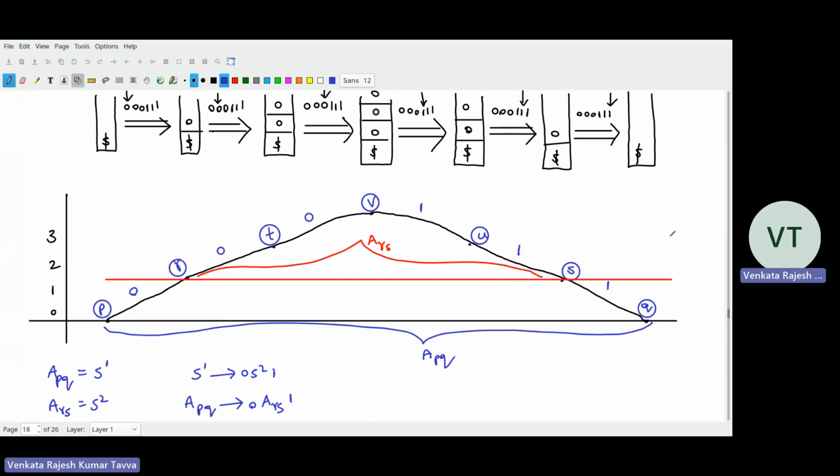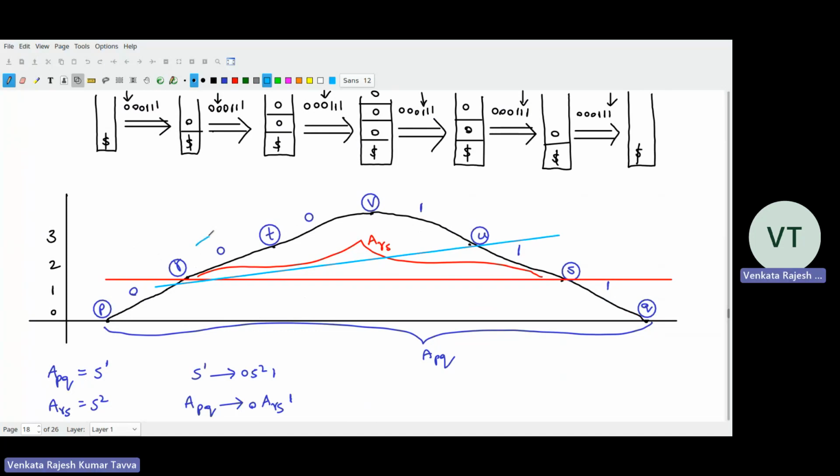Okay, that's it. Basically, wherever you start, you should get back to the same position. That portion of the string will be accepted by some portion of the PDA. You can't stop at a different level. Suppose I start here and I stop here, both will not be at the same level, no?